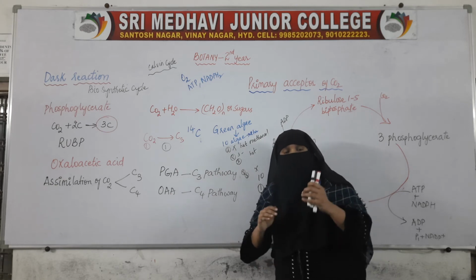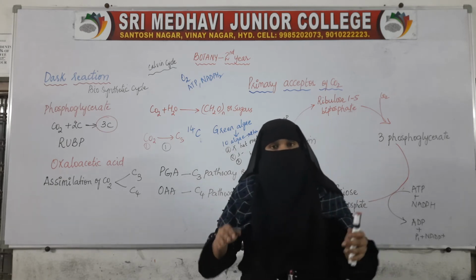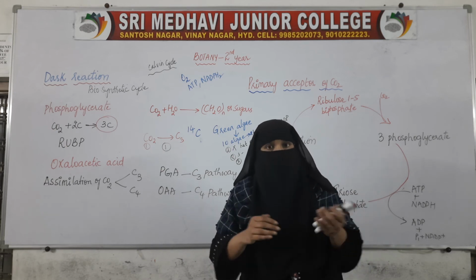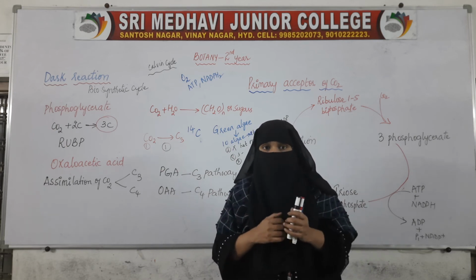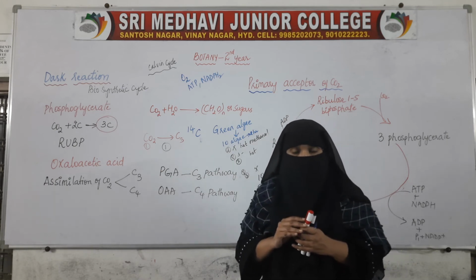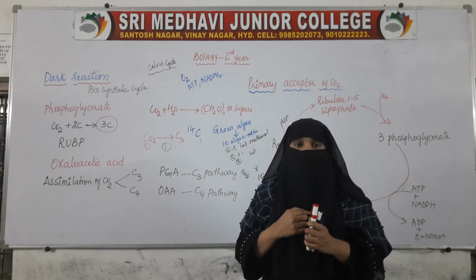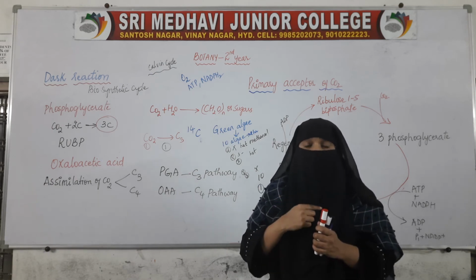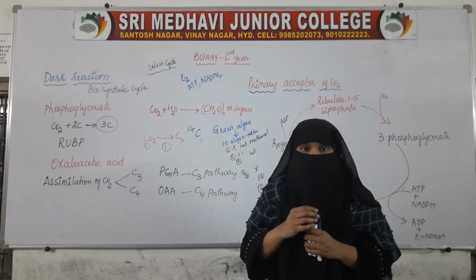After this, the scientists researched whether in all plants a 3-carbon compound is formed or some other compound. They came to the conclusion that in some plants a 3-carbon compound is formed, and in some plants a 4-carbon compound is formed, as the first product.